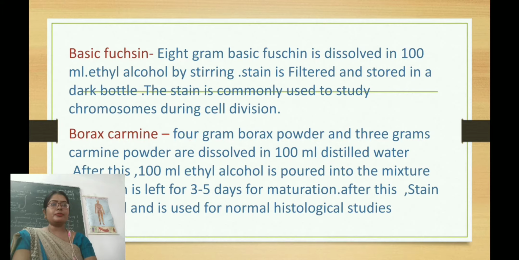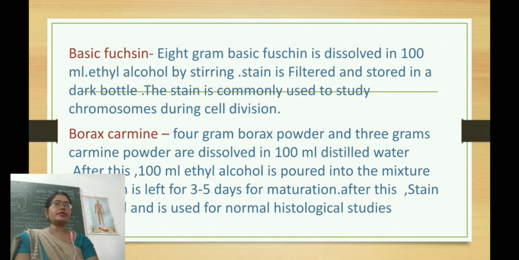So we prepare it by 8 gram basic fuchsin dissolved in 100 ml ethyl alcohol by stirring. Then that stain is filtered and stored in a dark bottle, and it can be used for staining chromosomes, DNA and etc.